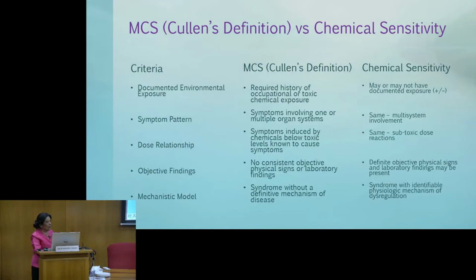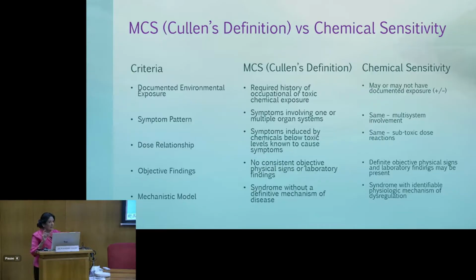So now let's describe the difference between multiple chemical sensitivity and chemical sensitivity, and why I talk about chemical sensitivity and do not use the commonly described word multiple chemical sensitivity, which is used in most of the European world.